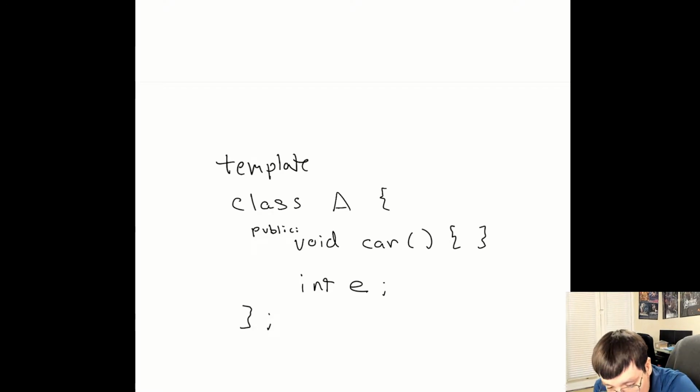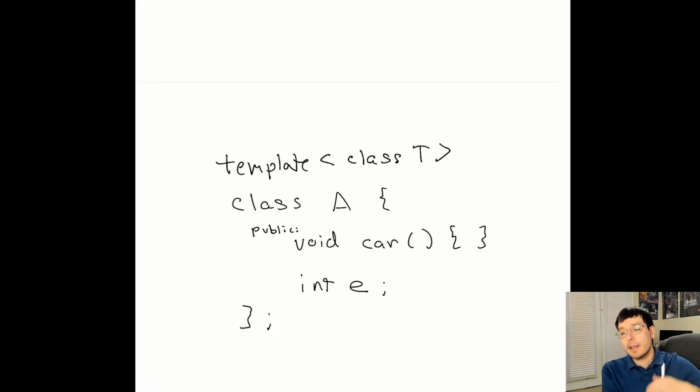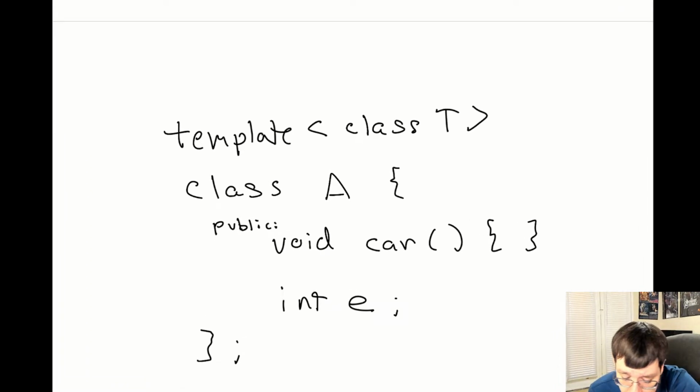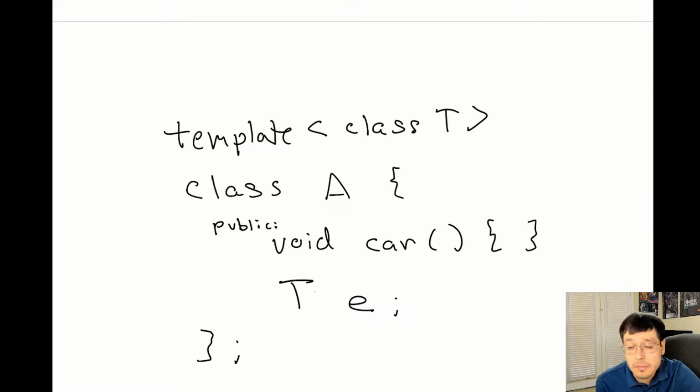Yes, it will get a little repetitive after a while, and it doesn't have to be on the same line, but it's just nice this way. Make your code look nice. Take pride in your work. Then let's say you want to make the template variable, so go ahead and do that. Then you're done. Voila, templated class. Congratulations.